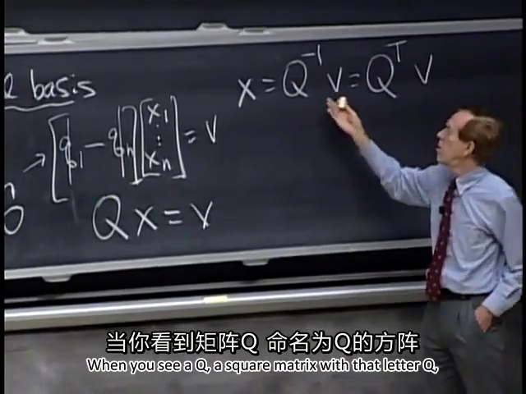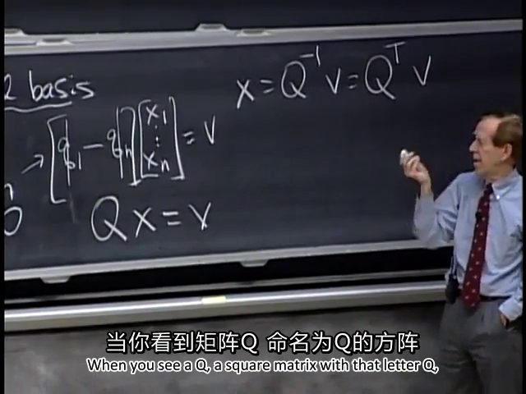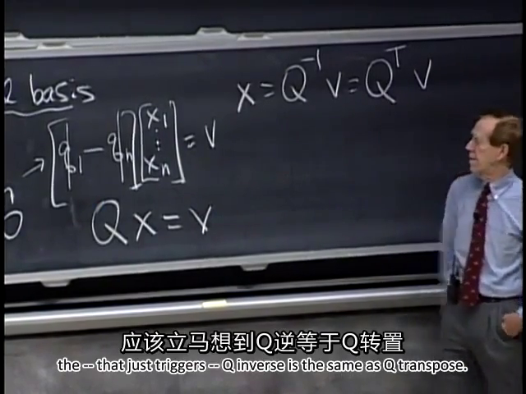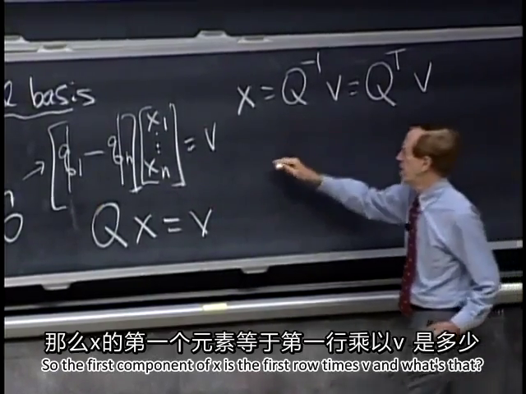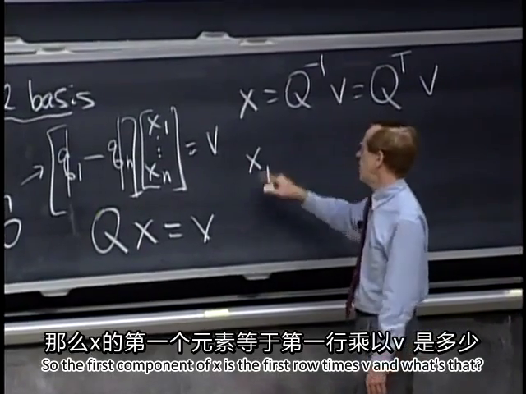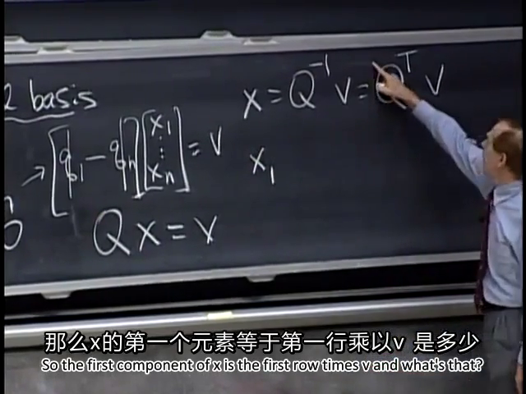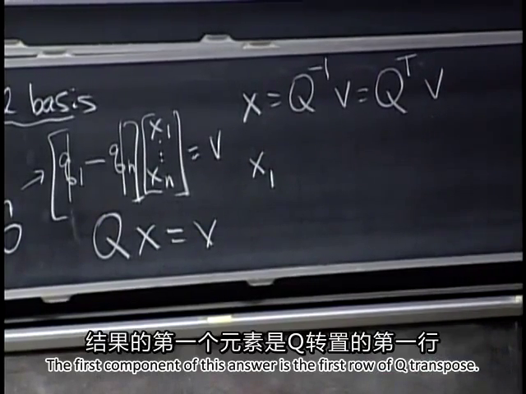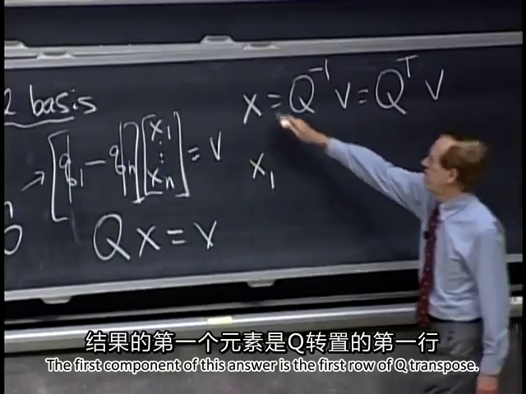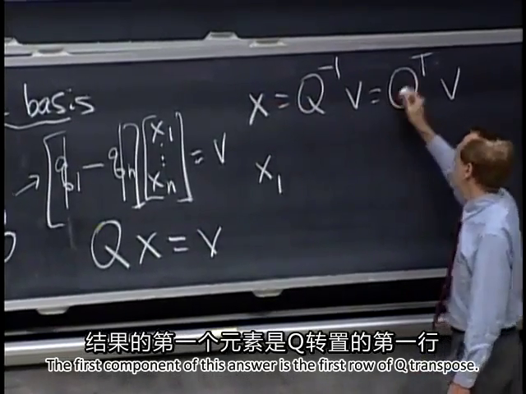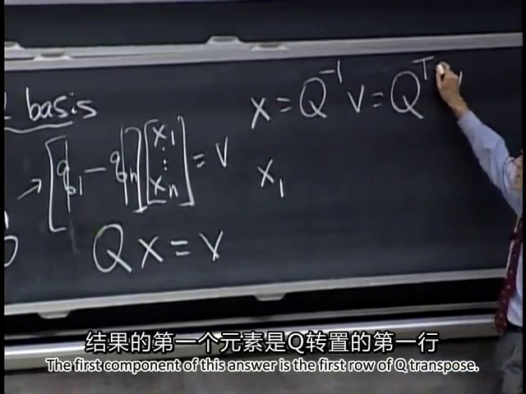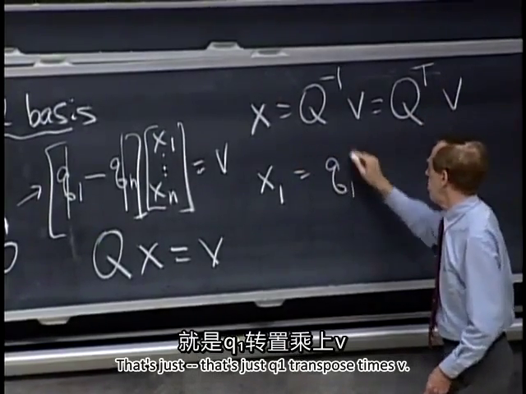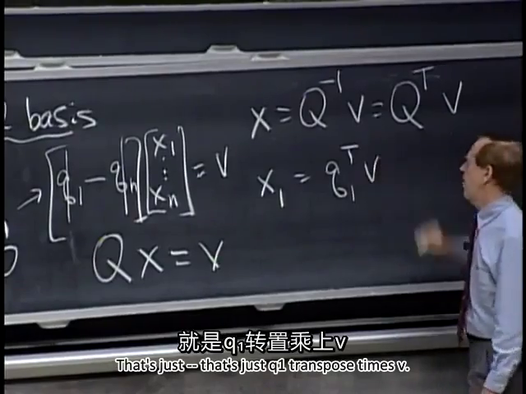When you see a square matrix with that letter Q, that just triggers that Q inverse is the same as Q transpose. So the first component of x is the first row of Q transpose times v. And what's that? That's just q1 transpose times v.